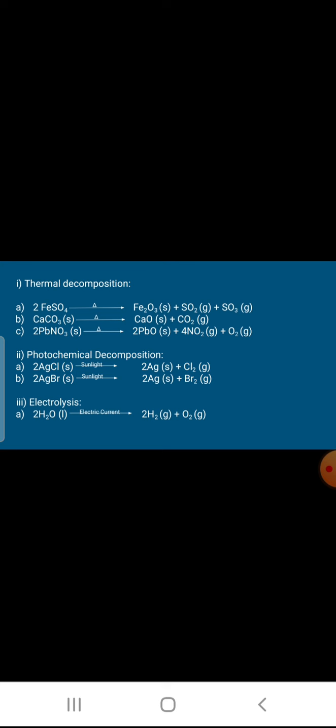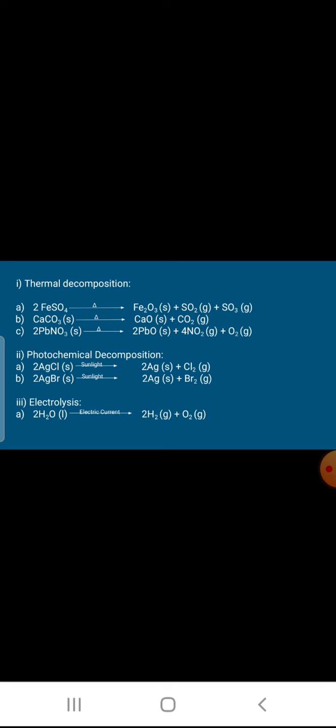On heating, ferrous sulfate 7H2O loses its water of crystallization, and on further heating, the white solid, that is ferrous sulfate, decomposes to give brown colored ferric oxide and pungent smelling gases. These two gases are sulfur dioxide and sulfur trioxide.